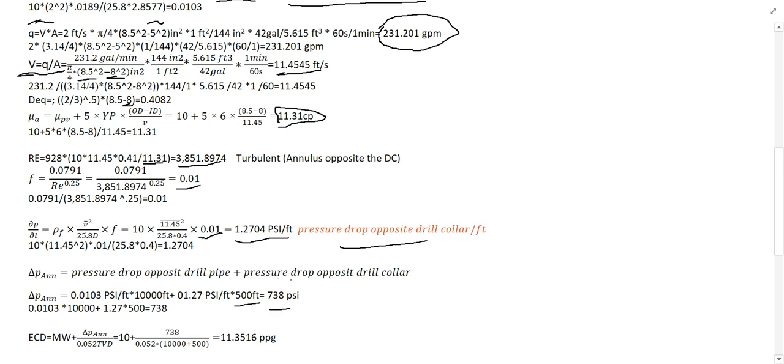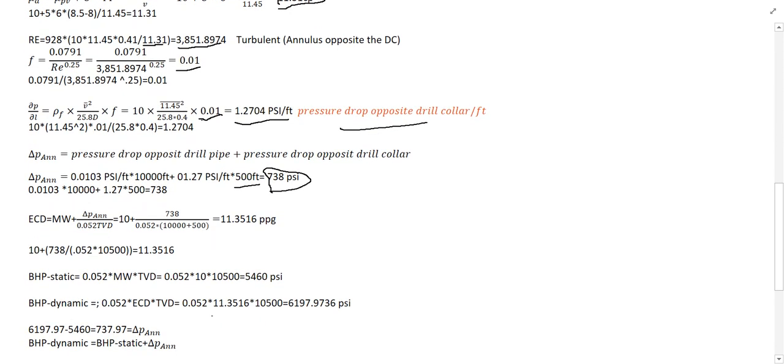Now we have the pressure drop in the annulus, it is 738. Mud weight plus the pressure drop in the annulus, 738, over the depth, which is 10,000 for the drill pipe plus the 500 for the drill collar, we can find the equivalent circulation density. That is the ECD that we needed to calculate.